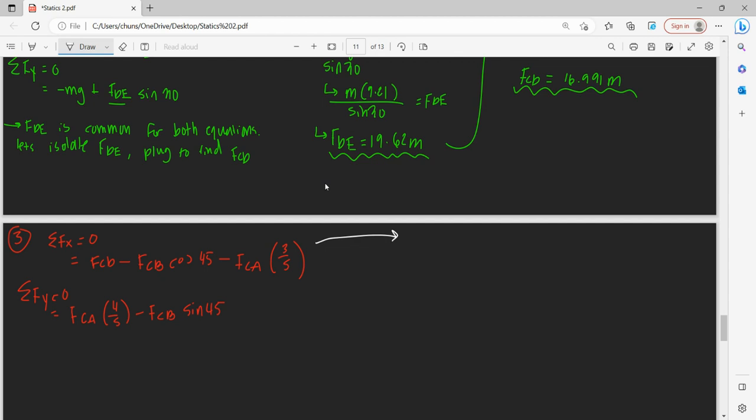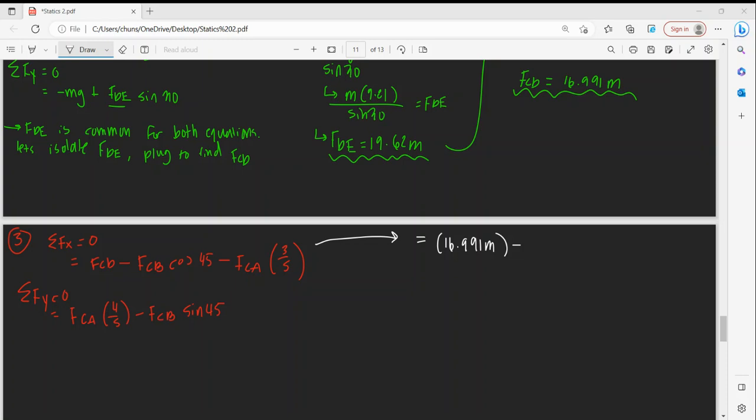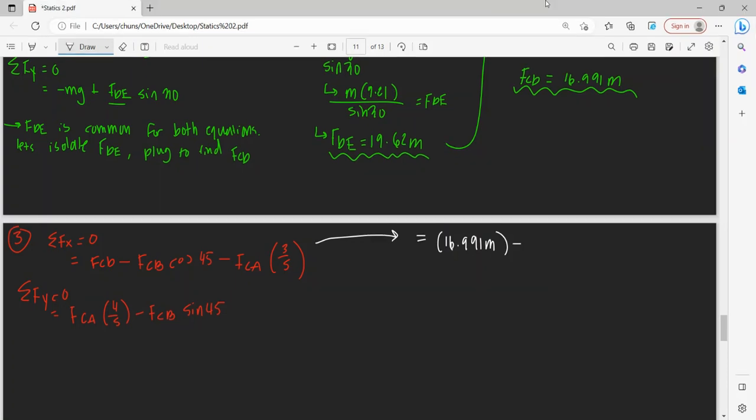So then this is equal to 16.991 m minus FBC cos 45 minus FCA 3/5. Can isolate for, so both FCA and FCB are common between them, so you could choose whichever one you'd like to isolate for.